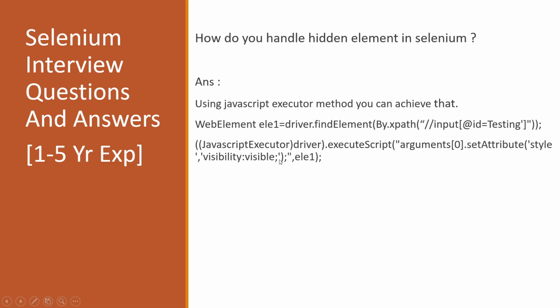It will check the visibility of that particular web element. Okay. Then after that it will click. So you first have to identify the element, and that particular element, ele1, you have to pass inside the JavaScript executor. So first it will check the visibility, then it will click. So even if it is hidden, it will first check the visibility. Okay. So using JavaScript executor you can achieve that.